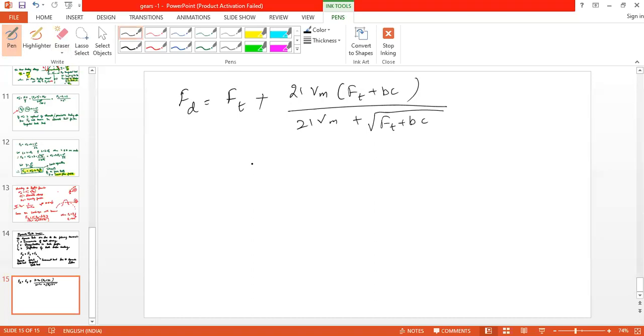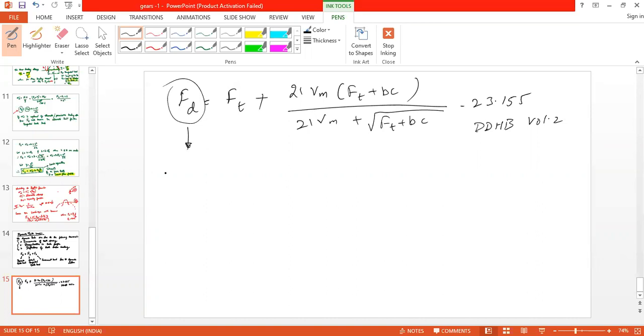You have all these things in the data handbook. That is equation number 23.155, Design Data Handbook, Volume 2. From this equation, you can get the value of dynamic tooth load.